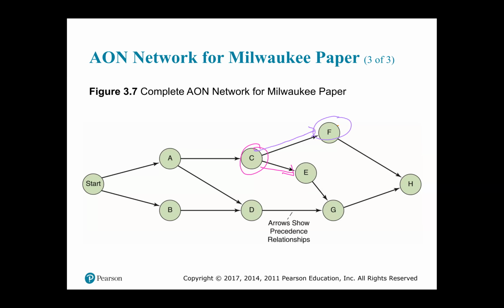So C is required both for activity F and activity E, meaning you cannot begin activity F or activity E unless you have completed activity C.